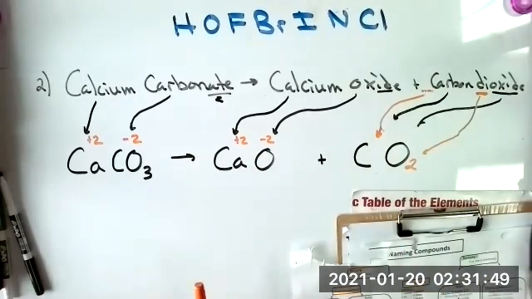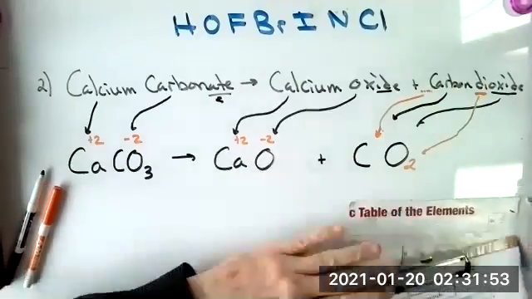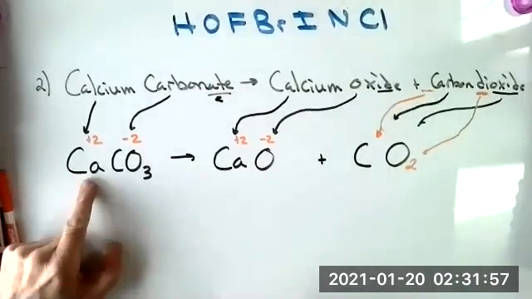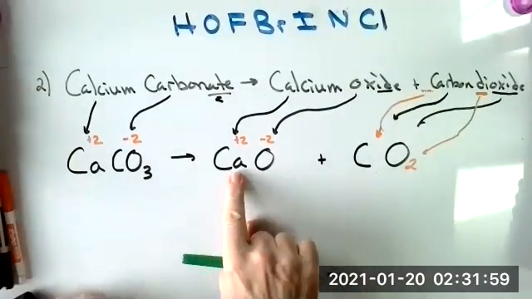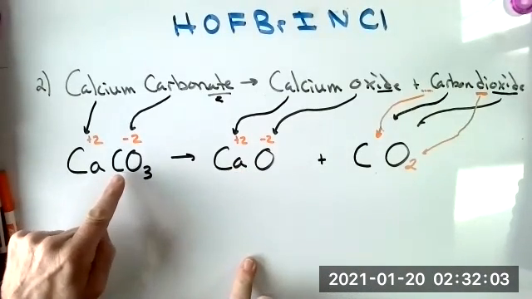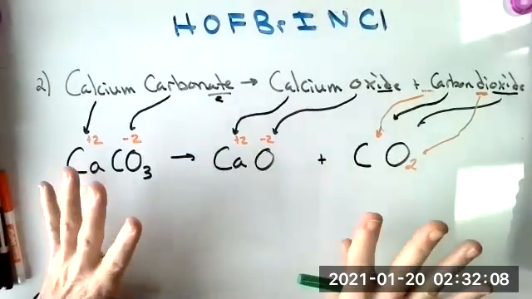Let me move this up a little bit to get it out of the way. And now it's time to balance. Let's get the left and the right side the same. Okay, so take them one at a time. Looks like I have one Ca here and one Ca here. Go inside and grab that carbon. Looks like I have one carbon here and I have one over here. That's good.